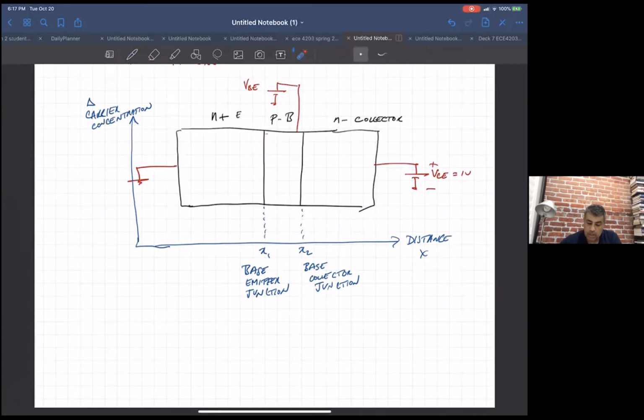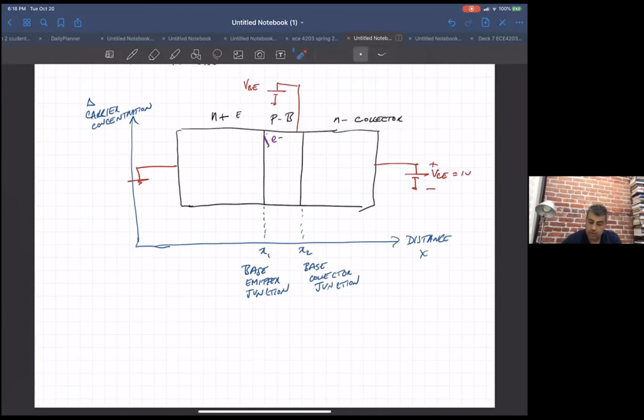So if I look at the carrier concentration just there, it looks like I have a bunch of electrons. And by the same token, on the emitter side of the base emitter junction, it looks like I have more holes than I had before.